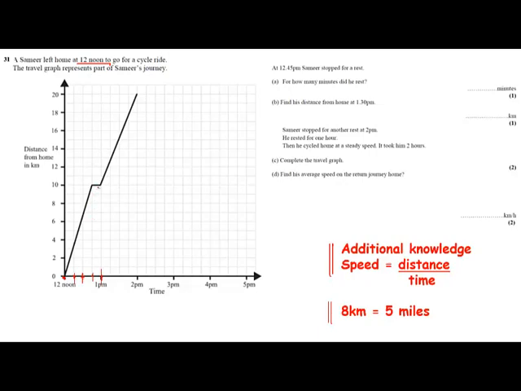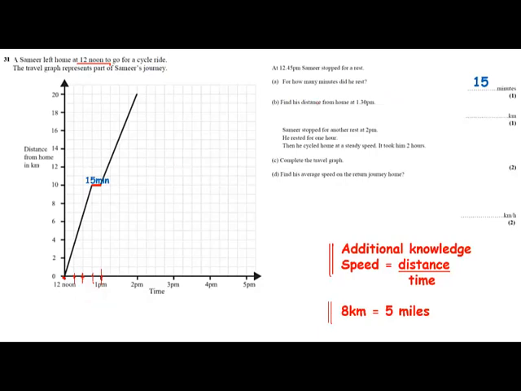For how many minutes did he rest? So I'm looking at the size of that gap there, and that gap goes from 12:45 to 1, right? That's 15 minutes. That should be pretty straightforward for you, and then you enter that into the answer space. Really straightforward, 1 mark. Make sure you understand it and can do it.